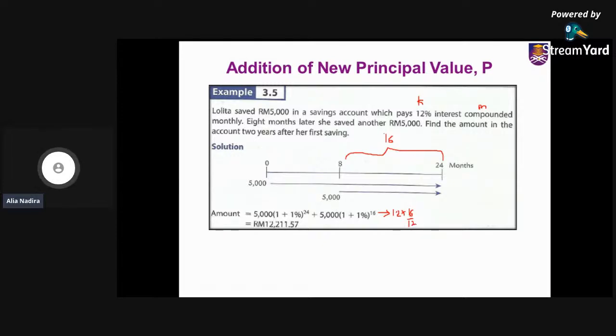We convert 16 months into years by dividing by 12. That's why you have 16. When you calculate this one, you get this answer. This one is for 2 years, where N is equal to M times 2 years.